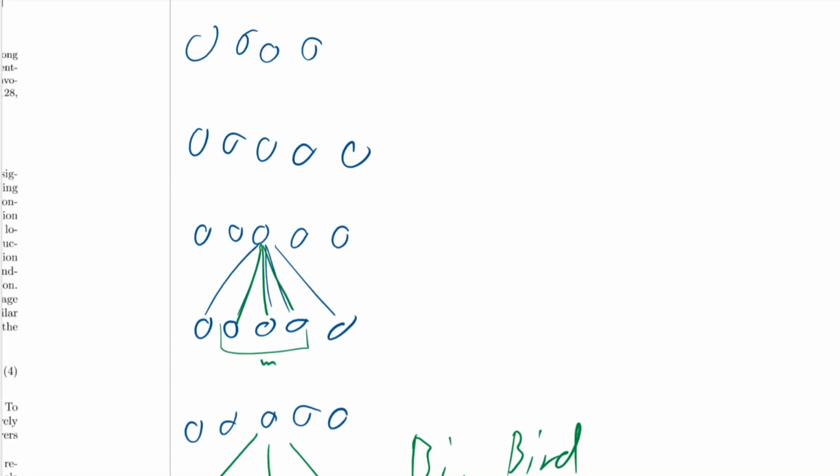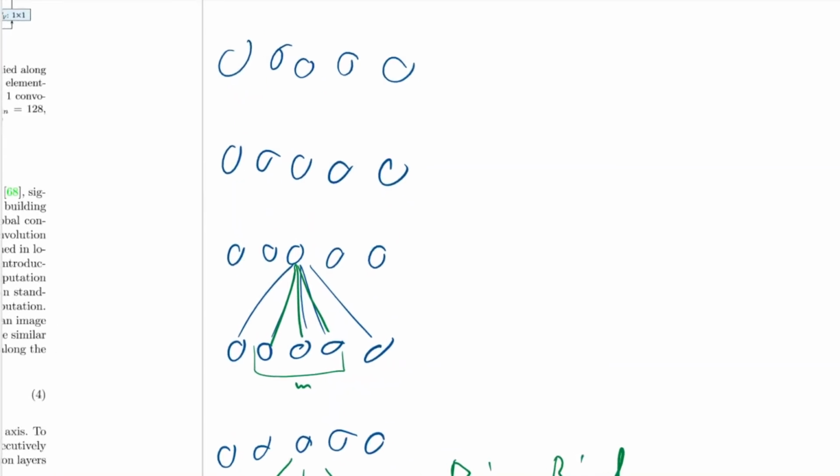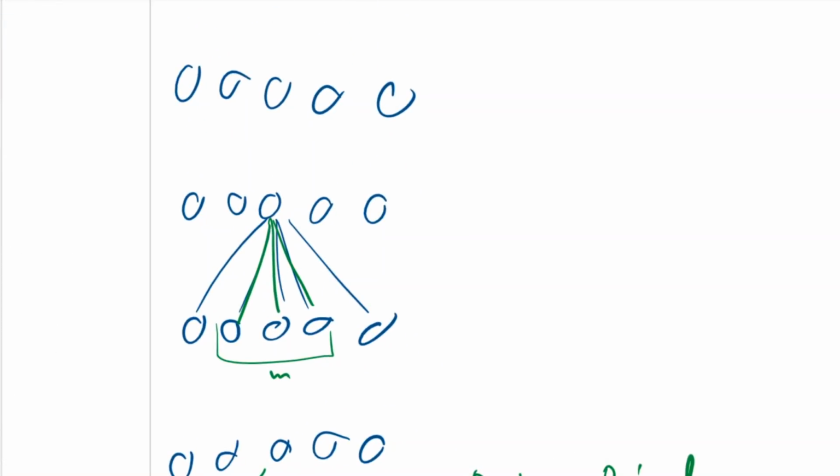So let's see what happens if information needs to go from this pixel to this pixel, or this node to this node. If information needs to travel from this node to this node in a classic attention mechanism, everything's connected to everything. So that node in the next layer can simply aggregate information from here. Well, that's not possible if you do this kind of neighborhood attention as we've done here.